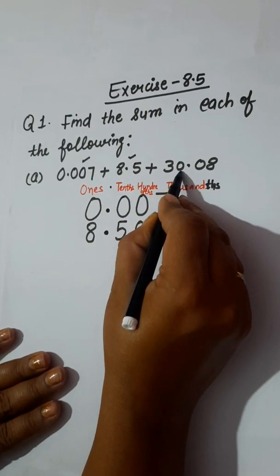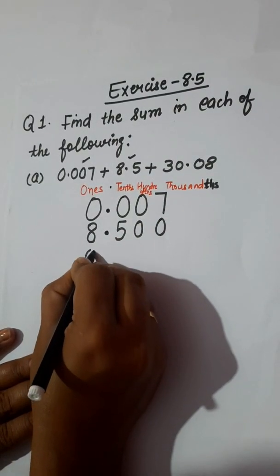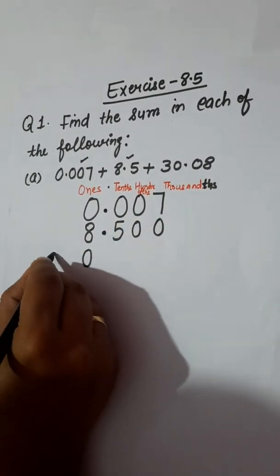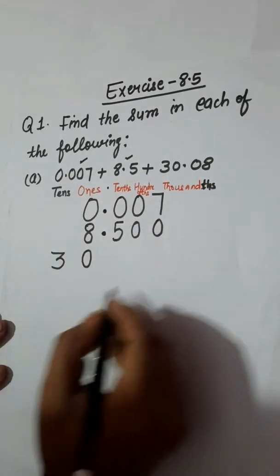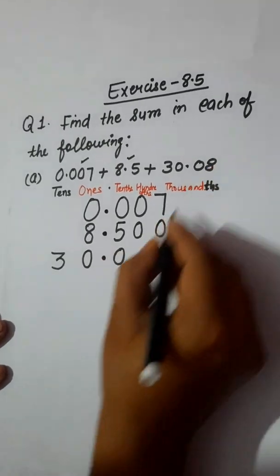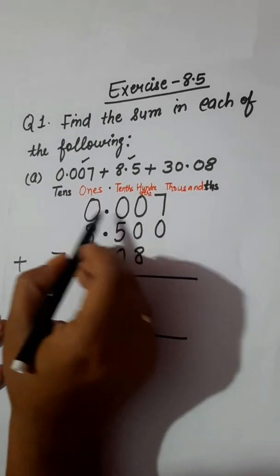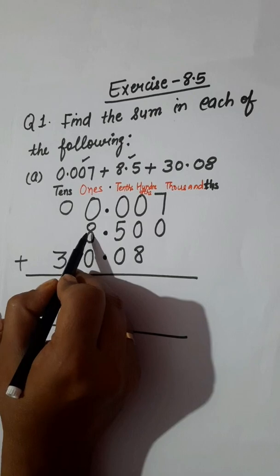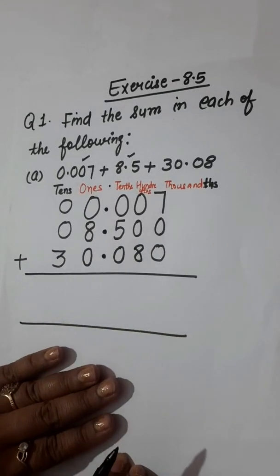Now 0 is at the ones place and 3 at the tens place, so I will write 0 below ones, and I will write 3 before it at the tens place. Then we have 0 at the tenths place, then 8. In the first number we don't have any digit at the tens place, so I will write 0. Similarly I will put 0 over here.